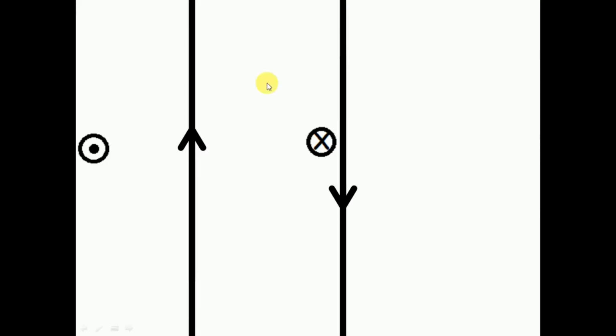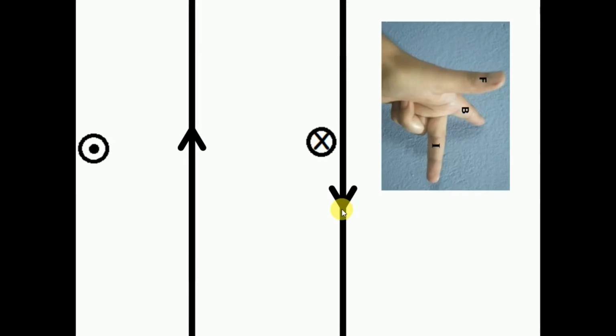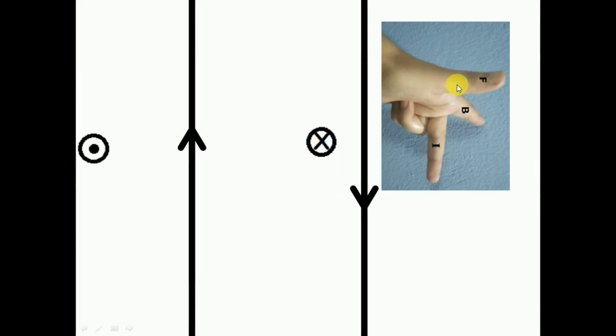Let's take another conductor, and draw the magnetic field using the right hand thumb rule. Now I am considering another conductor which is taking the current in the downward direction. So I will use Fleming's left hand rule again. Current is going in the downward direction, the magnetic field is going into the plane of the screen, and the force will be towards the right.